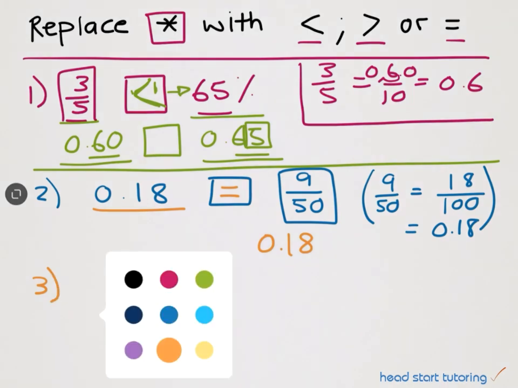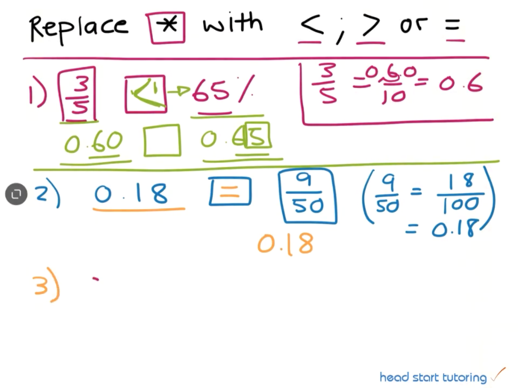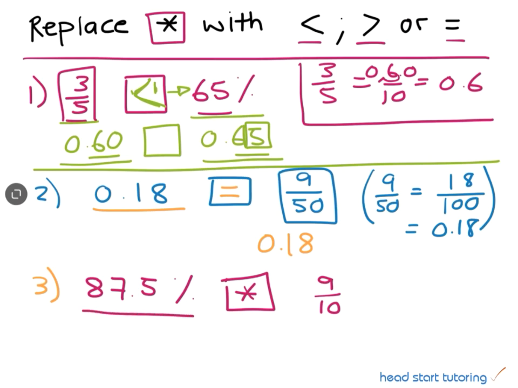Right, let's have a look at another example. 87.5% compared to 9/10. Right, so what we would like to do here is, again, we've already got a percentage, and a percentage is very easy to convert into a decimal.